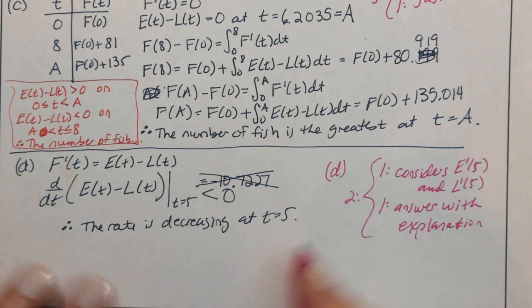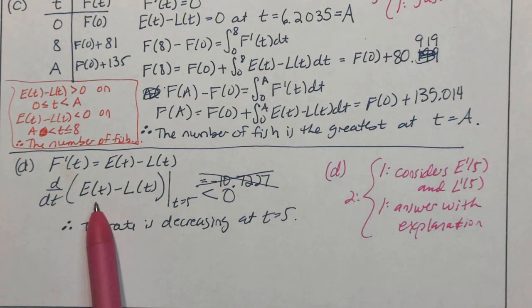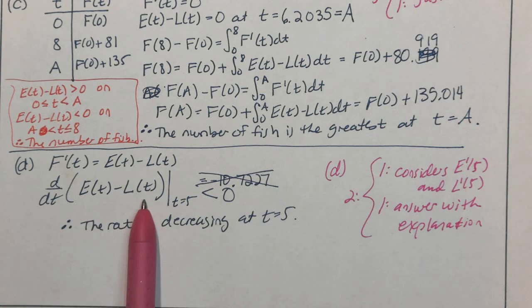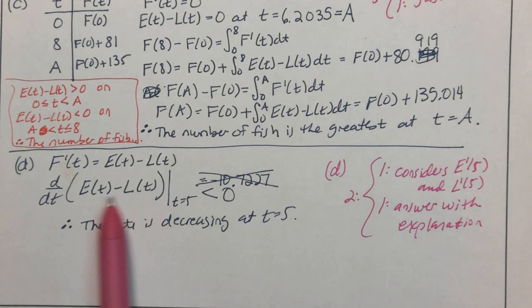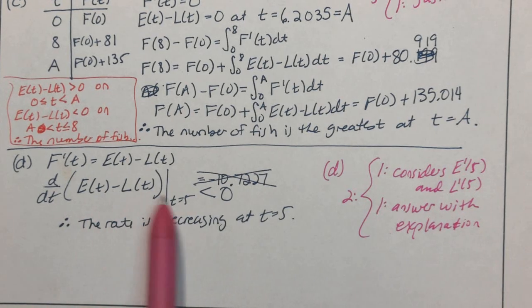We could have in this problem found E of 5 and found L of 5, and L of 5 is larger than E of 5. That would have done it as well. Okay? That would have meant that the rate in the number of fish is decreasing.